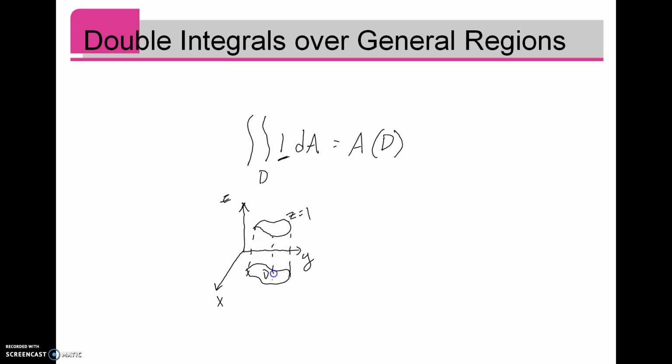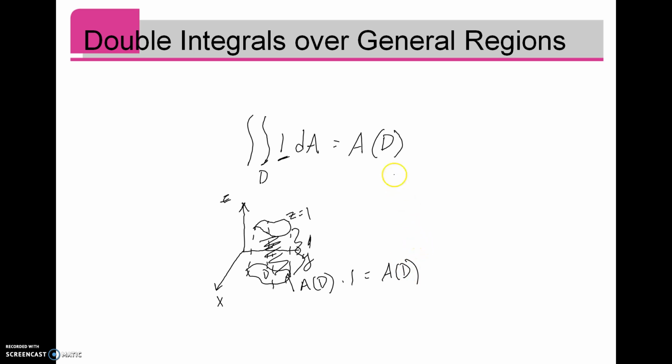Well, we would generally be trying to find the volume of this solid here. Really, that's just going to end up being the area of D, because you're multiplying the area of D times this height, which is 1. So you're going to end up with just that area.